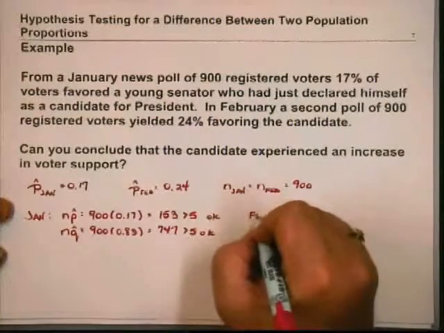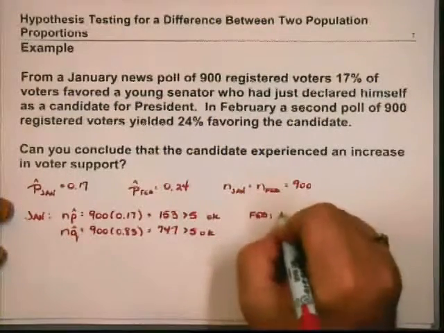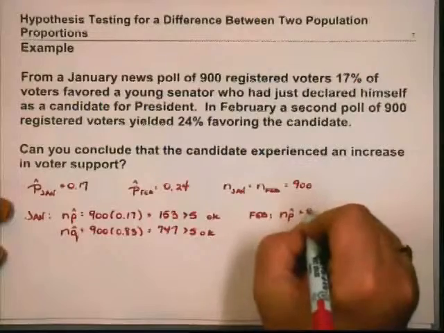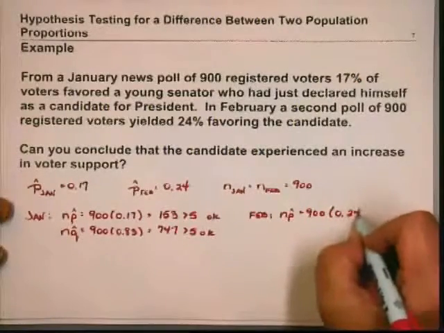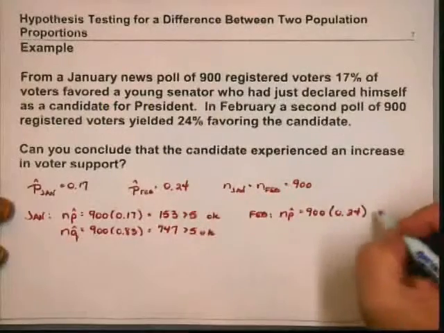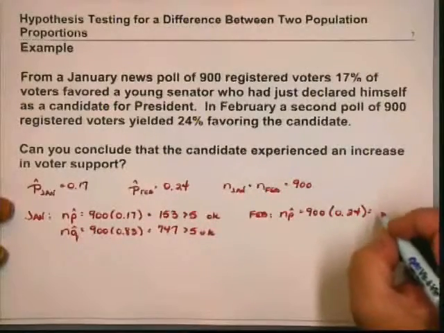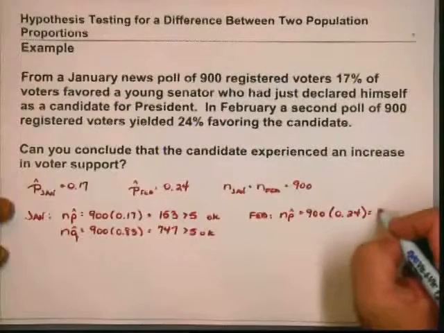For February, NP hat, again 900 times 0.24, so that's equal to 216.